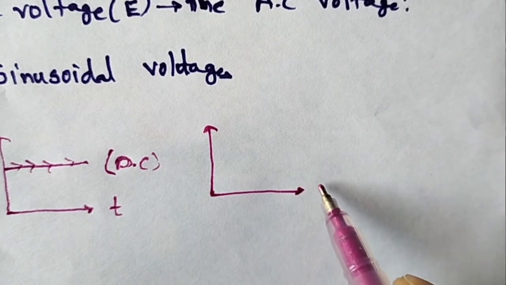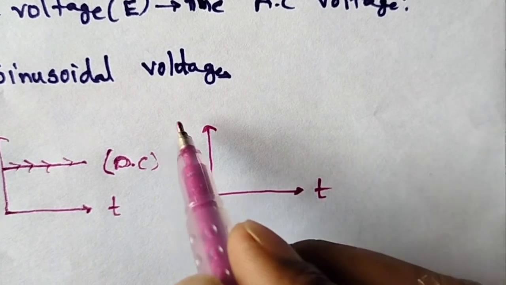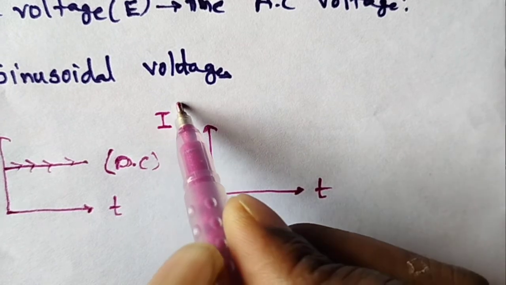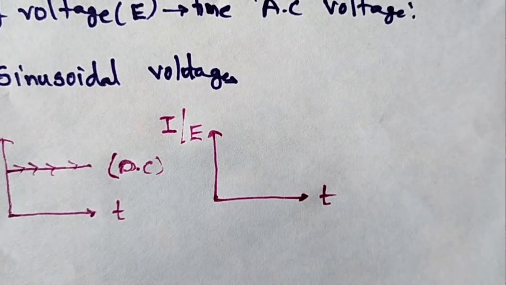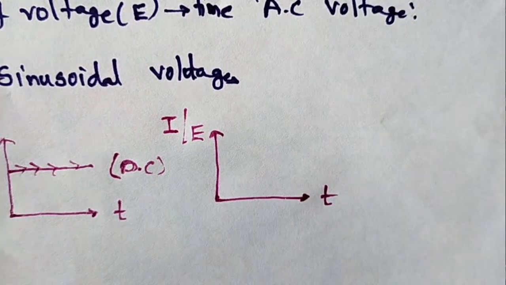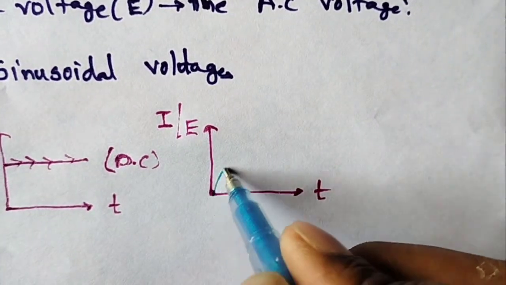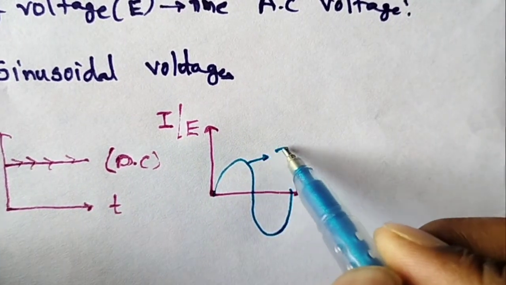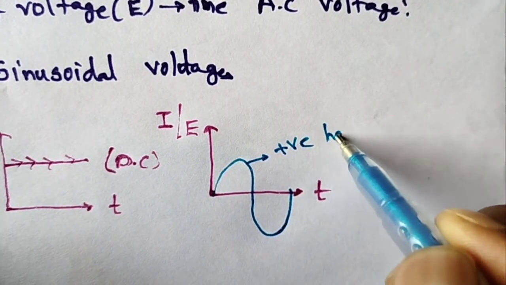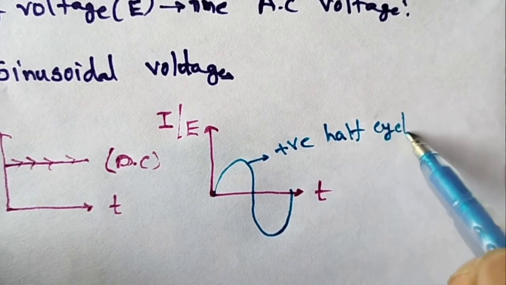In this AC, in the x-axis I am taking small t, in the y-axis I am taking current or voltage. So what is the AC diagram? This is the AC diagram, simple. This is called the positive half cycle.